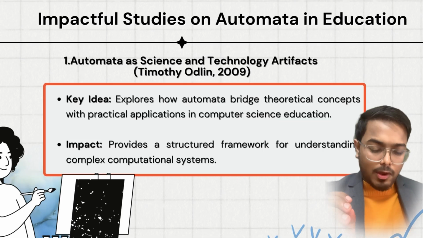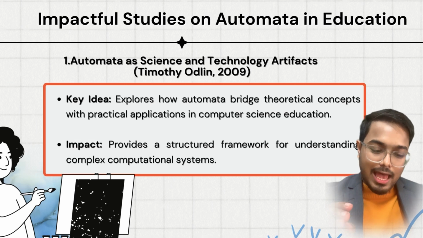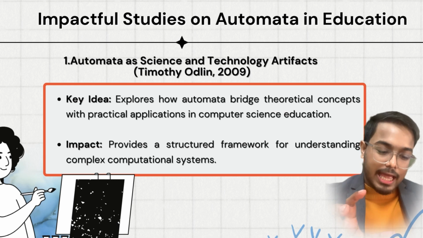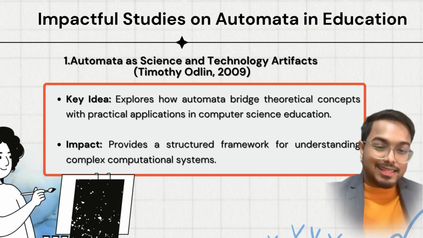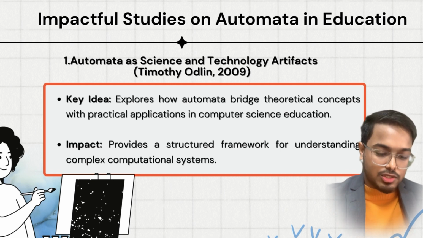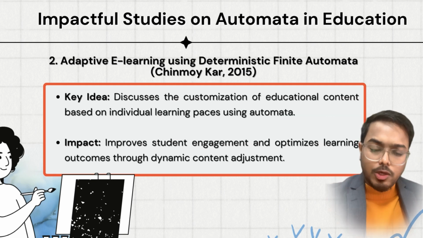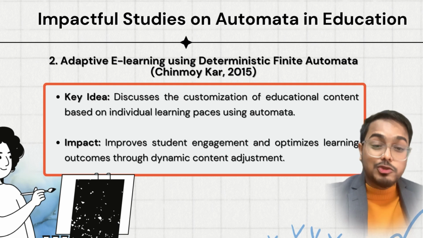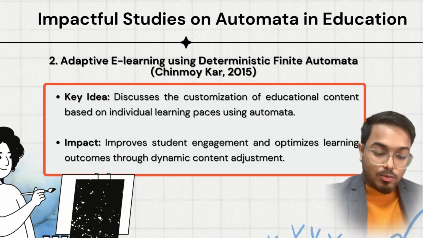The first paper by Odlin, Automata as Science and Technology Artifacts. This paper explored how automata bridges the gap between theoretical concepts in the classroom and practical application in computer science education. The second paper by Shinwei Kar, Adaptive E-Learning using Deterministic Finite Automata.